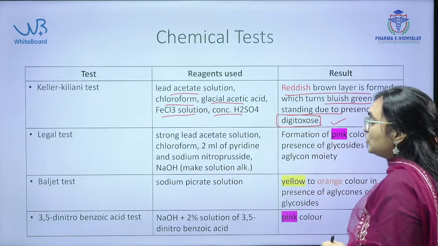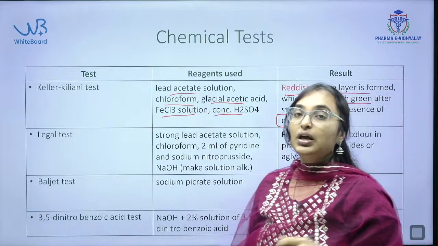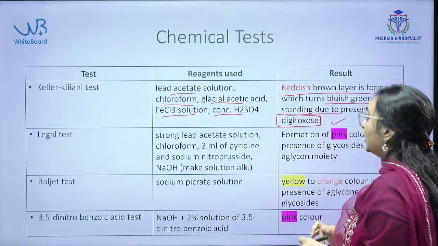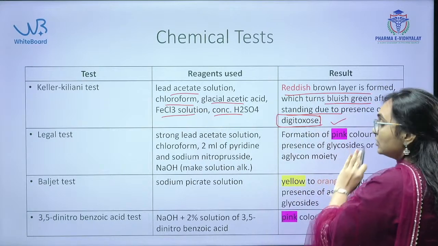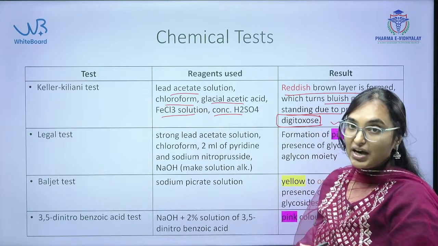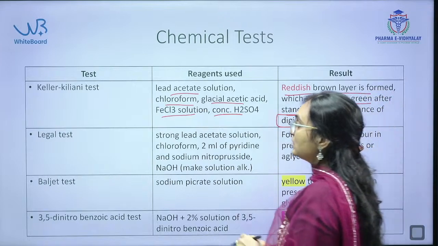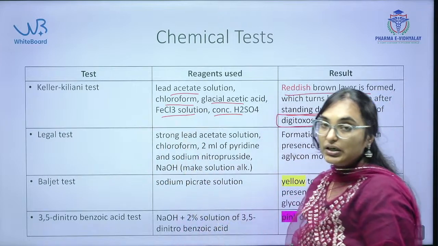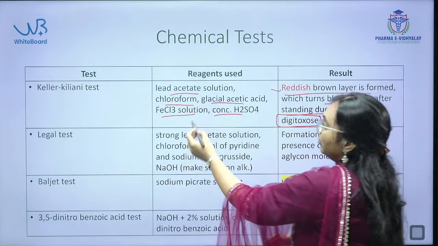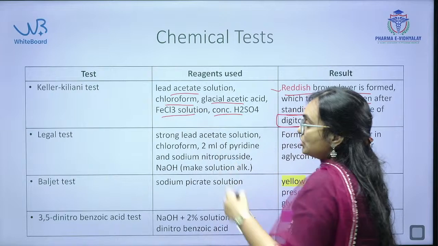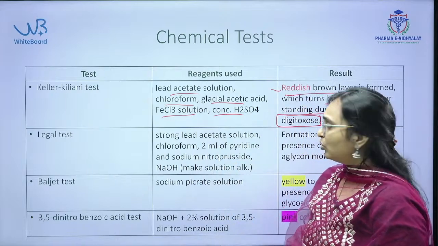Digitoxose is a cardiac glycoside sugar, and due to its presence the red color layer turns blue after standing for some time. This is the result for the Keller-Killiani test. You have to remember the color change, and also the solutions you are adding, like lead acetate solution and chloroform.